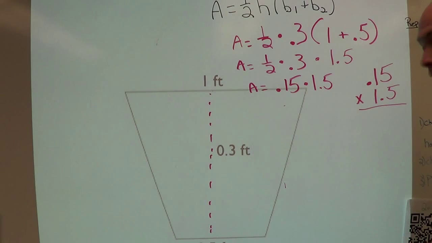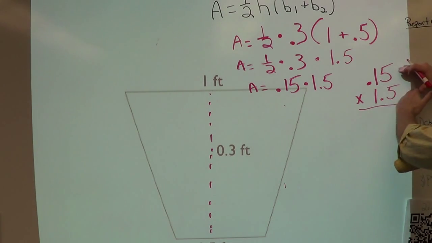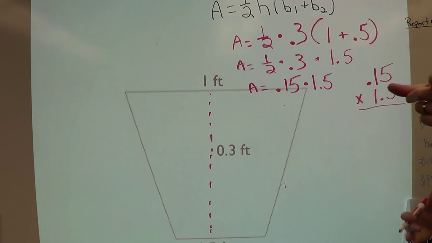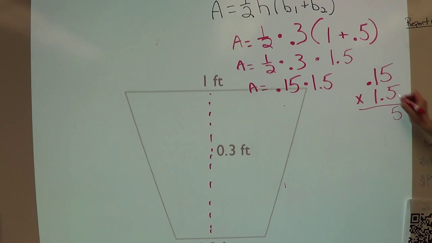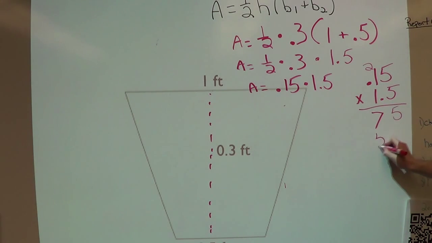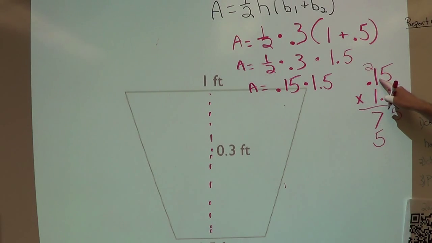Remember, with multiplying decimals, you do not need to line up the dots. You just set them up, multiply. We'll count the decimal places later. So let's do it. 5 times 5 is 25. 5, carry the 2. 5 times 1 is 5. Plus 2 is 7. Excellent. 1 times 5 is 5. 1 times 1 is 1.